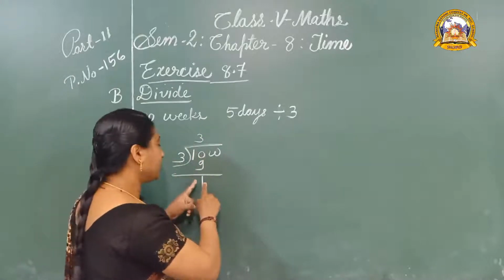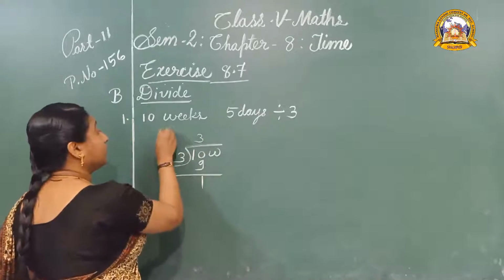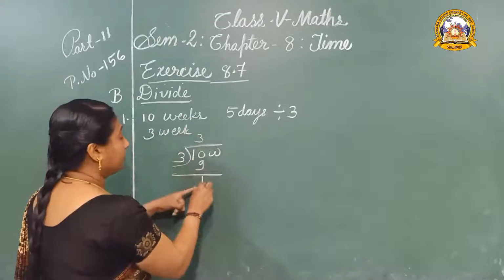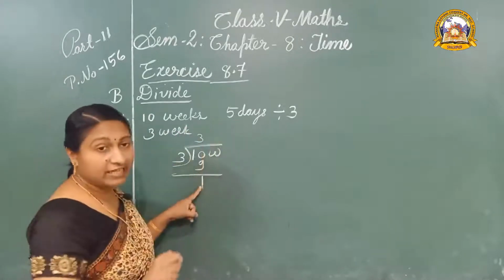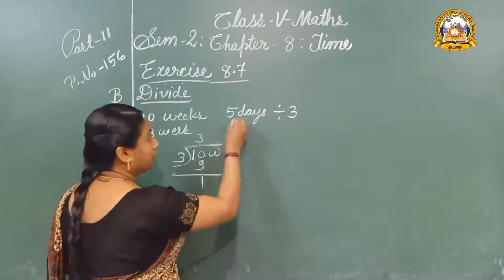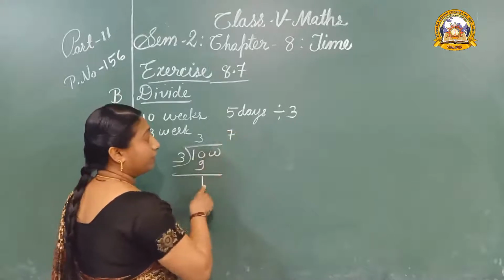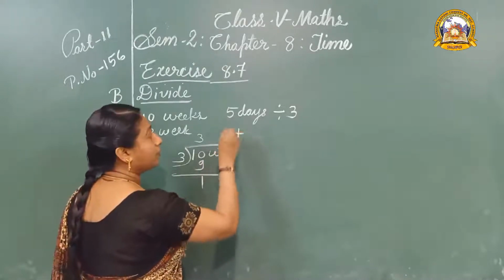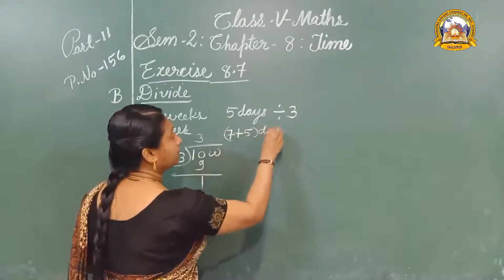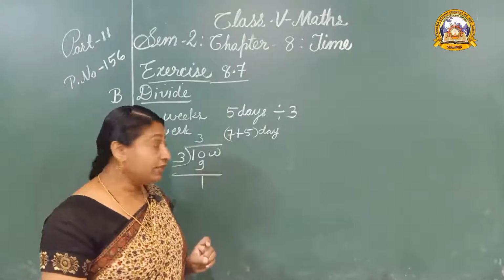Okay, I shall make it understood. This 3 weeks will be here only. 3 weeks, and this 1 week will go to the days place. 1 week is equal to 7 days. Okay, here total 7. 1 week, 7 days, plus already there are 5 days. 7 plus 5, yes, total 12 days.